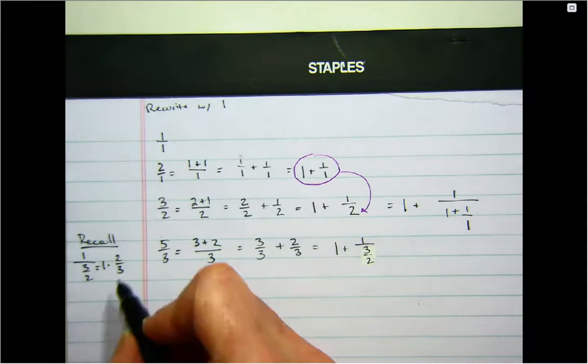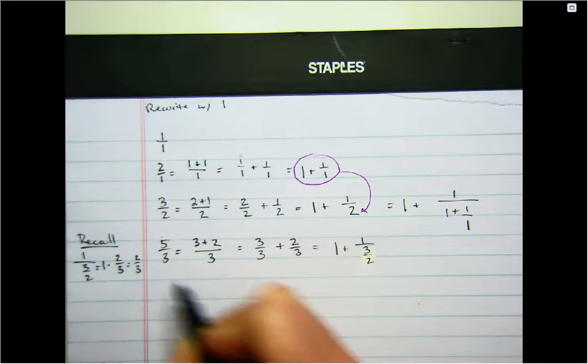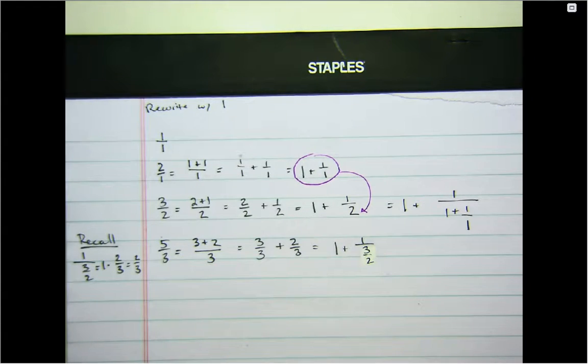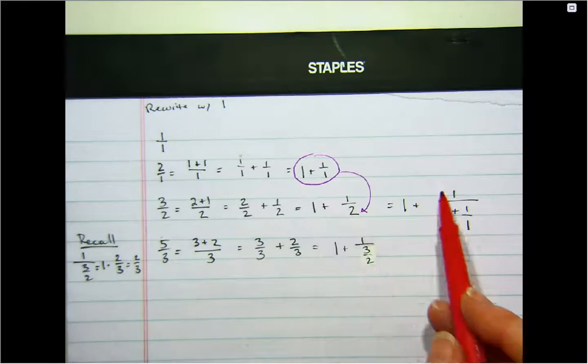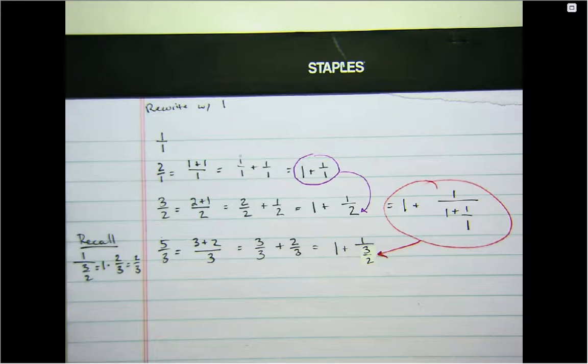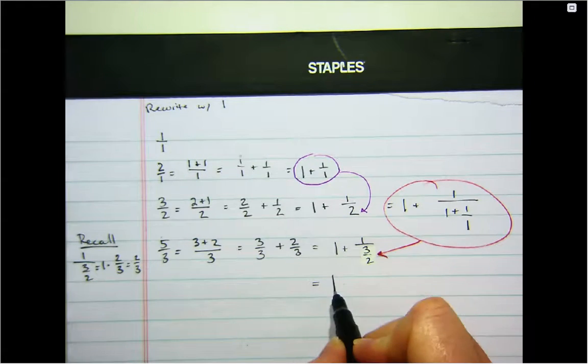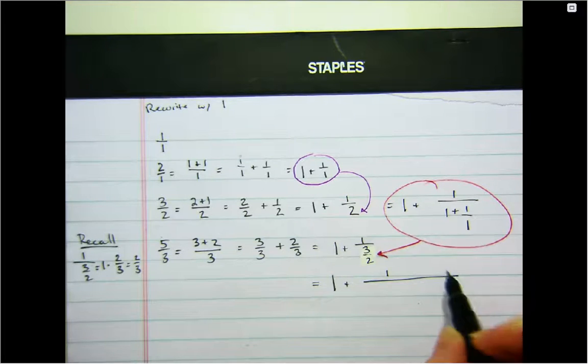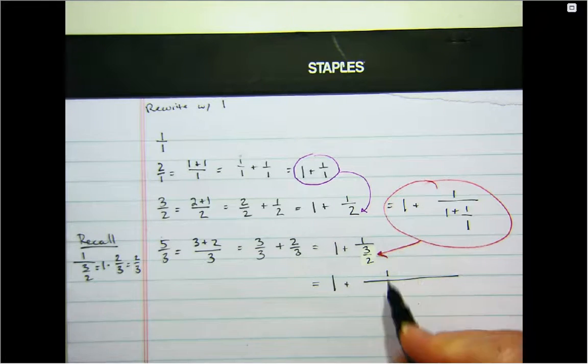And so that's all that we did there, except we did it backwards. The reason we did that is so that we can use the work above. So the work above was to figure out 3 over 2, and we did that. It's right here. So we can go ahead and fill that in. So I'm going to fill in the red 3 over 2.